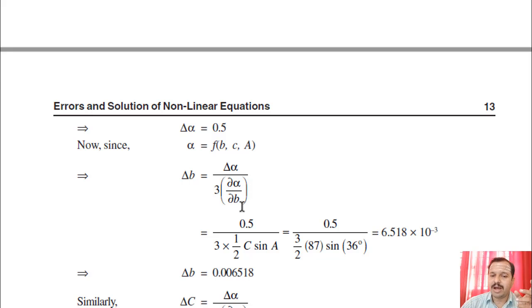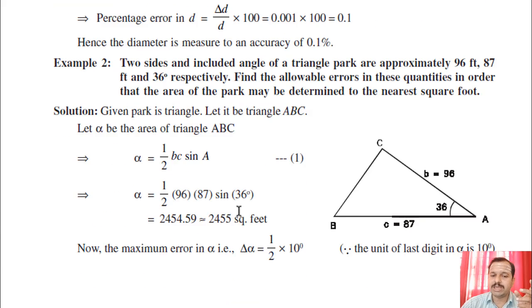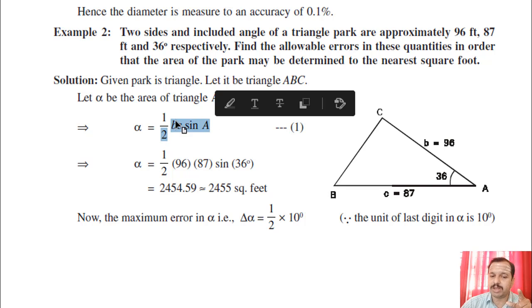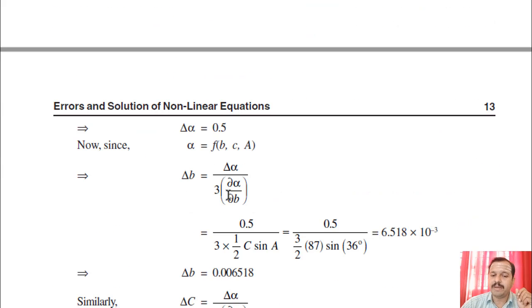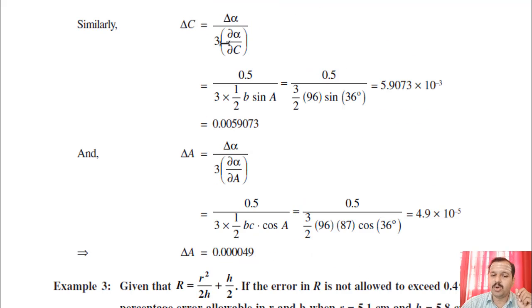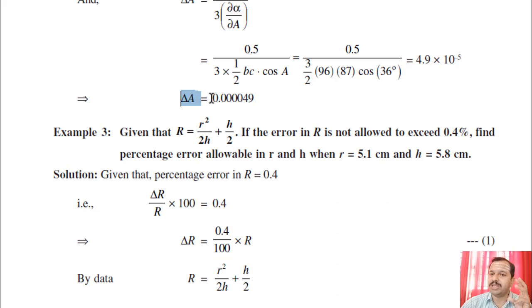What is alpha? Alpha is here 1 by 2 BC into sin A. By using this formula, by partially differentiating it with respect to the variables, we can get dou alpha by dou B, dou alpha by dou C, dou alpha by dou A, like that. So after substituting the values and simplifying, we get the error in the third variable.